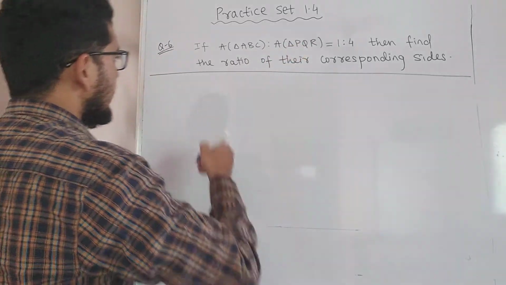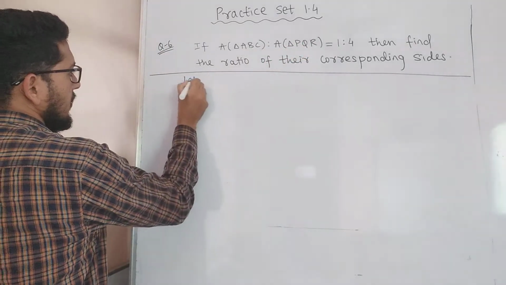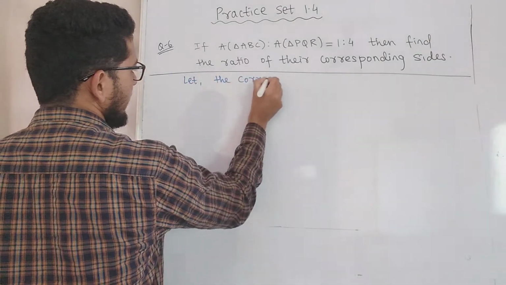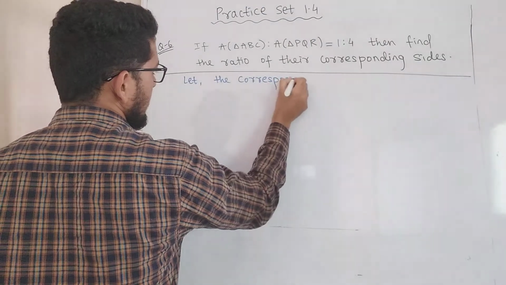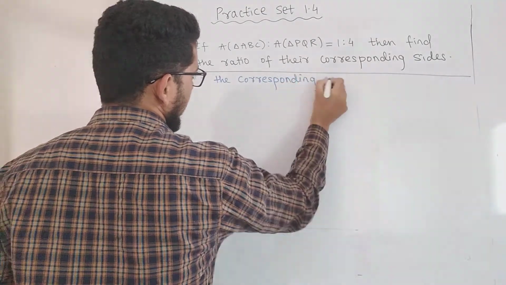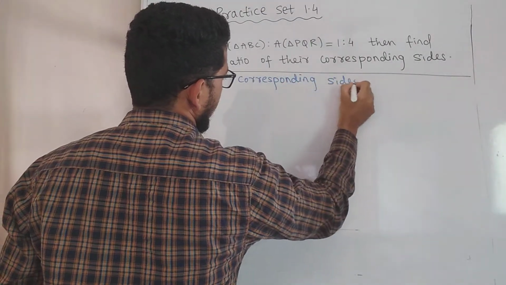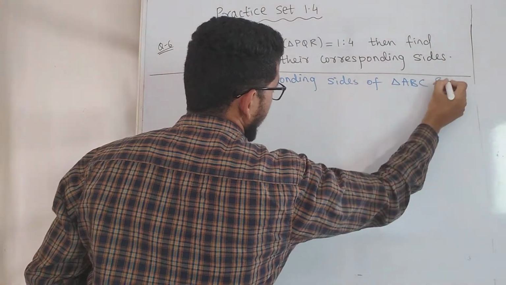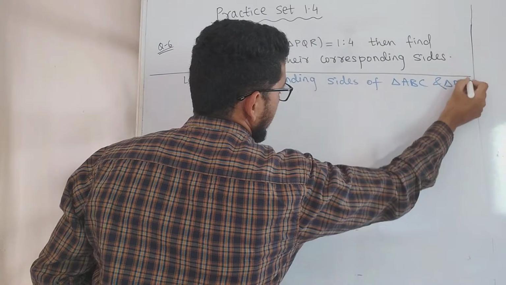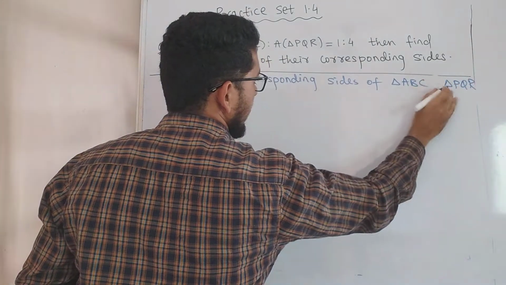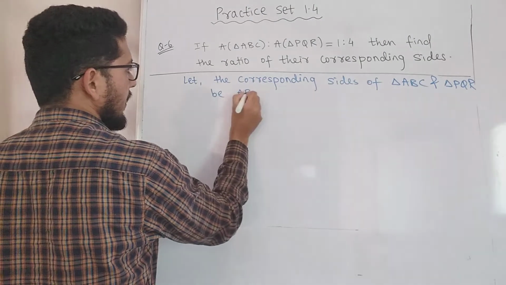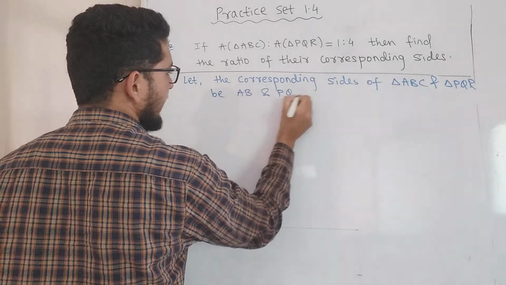So first we'll write, let the corresponding sides of triangle ABC and triangle PQR be AB and PQ respectively.